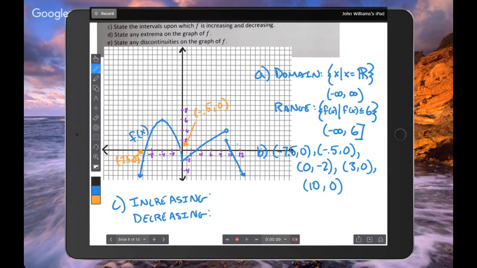So we're increasing, looks like, from negative infinity to negative 4, and also from 0 to 9. And we're decreasing on the spots that we're not increasing. So that's from negative 4 to 0 and 9 to infinity.